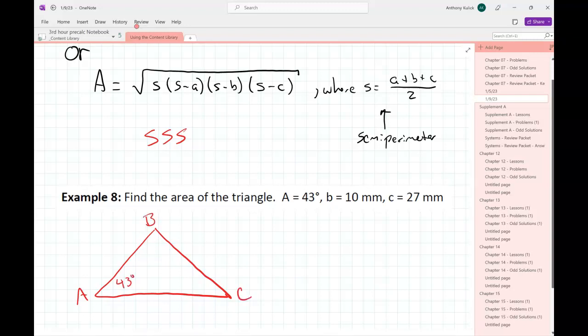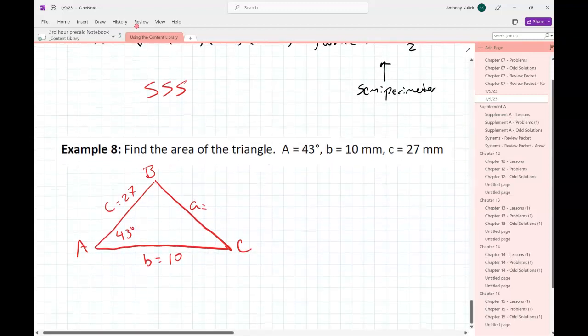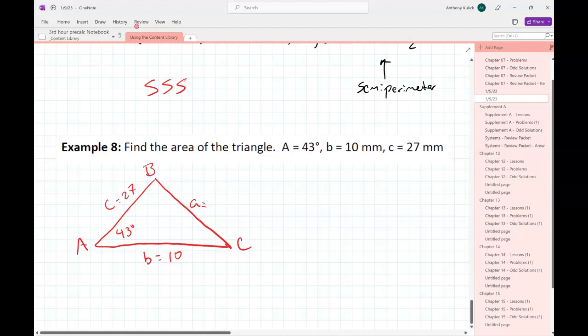So just go ahead and now draw our picture. Okay, what situation is this? Side, angle, side.